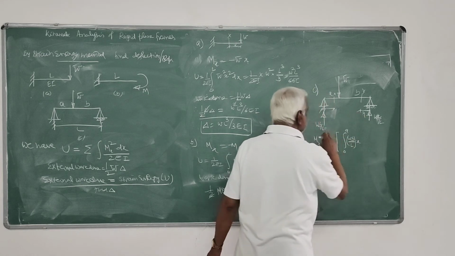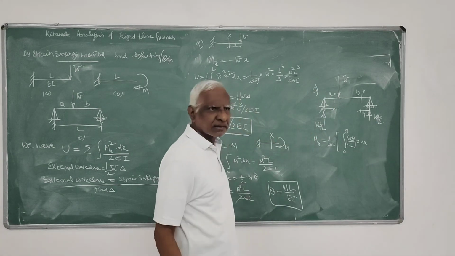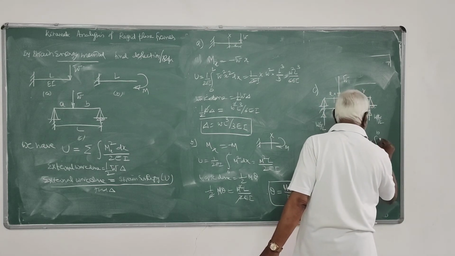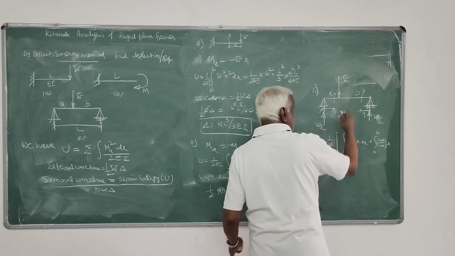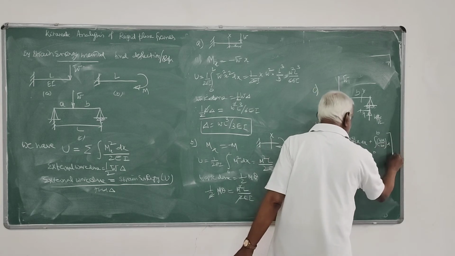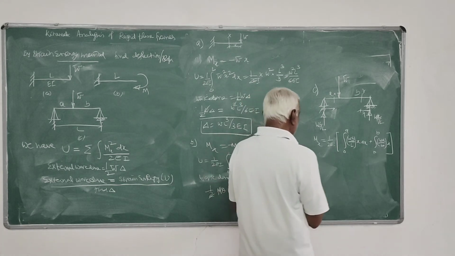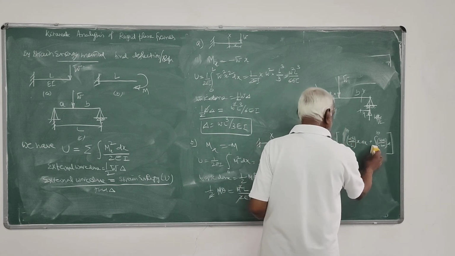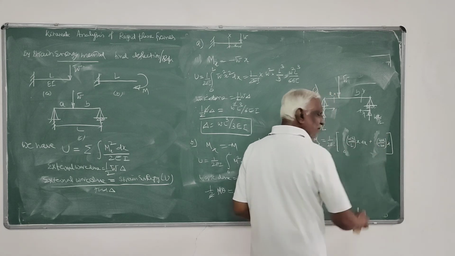And plus, integral 0 to B, W A by L into x, because both are sagging, into dx. Mx square means this, and the dx is needed in both integrals.